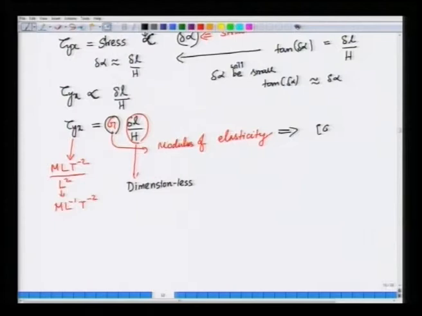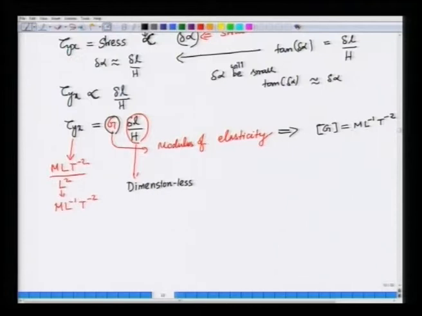Normally the dimensions of a quantity are denoted by this square bracket. So, M L to the minus 1 T to the minus 2 are the dimensions of modulus of elasticity, or stress for that matter.